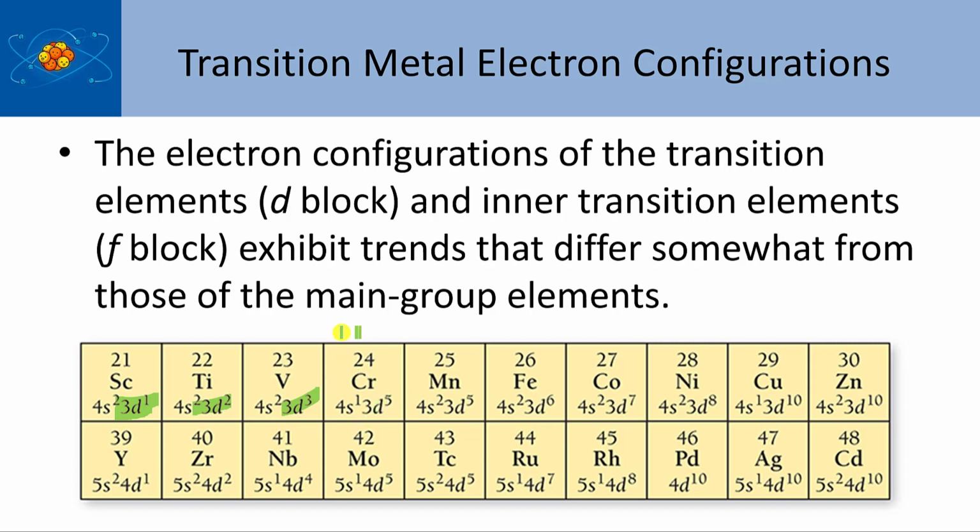This is the first column where we see exceptions. And the reason there's an exception is, well, let me give you a little bit of background before I just tell you flat out what the reason is. If you remember, in generating the Aufbau principle, the 4s and the 3d were very close in energy.